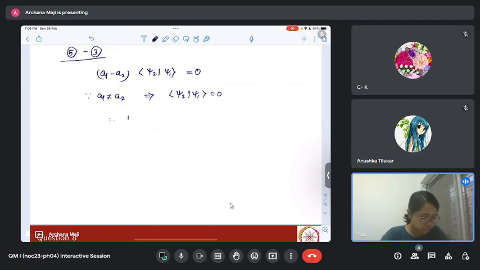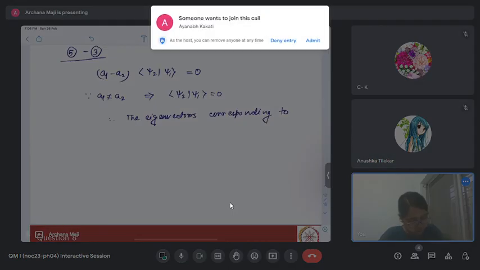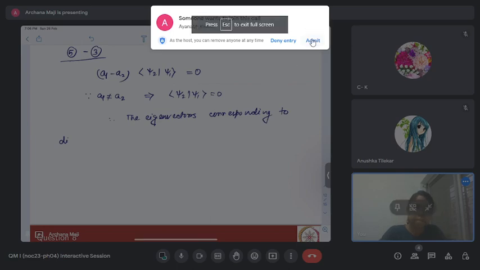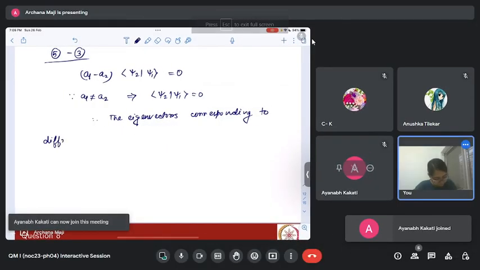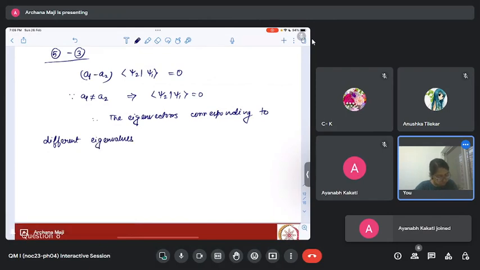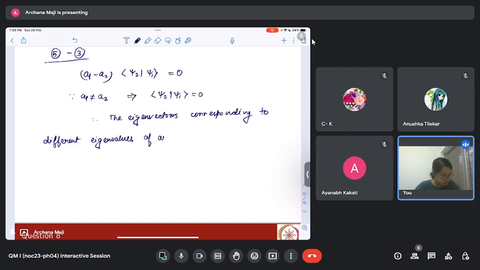So that means eigenvectors corresponding to different eigenvalues of a Hermitian operator are orthogonal. Okay.